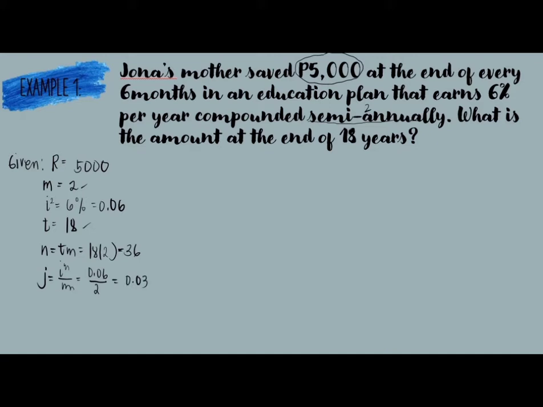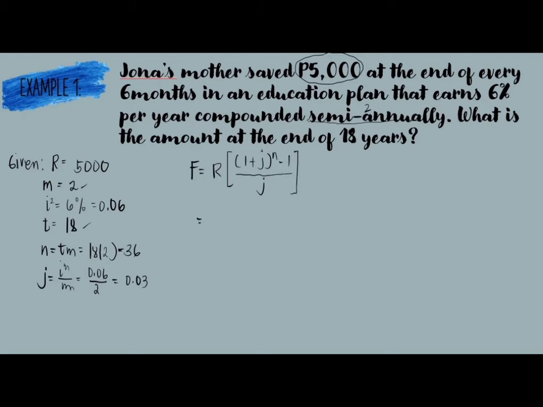Okay, so now let's compute for the future value. The formula for the future value is F is equal to R times the quantity of 1 plus J raised to N minus 1 over J.